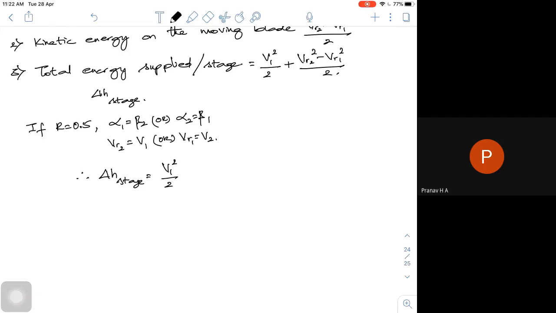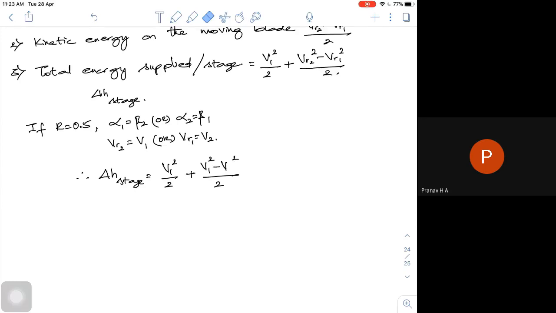So this will become V1 square minus VR2 square by 2. So what is your VR2? VR2 is once again V1, and VR1 I can write as V2.